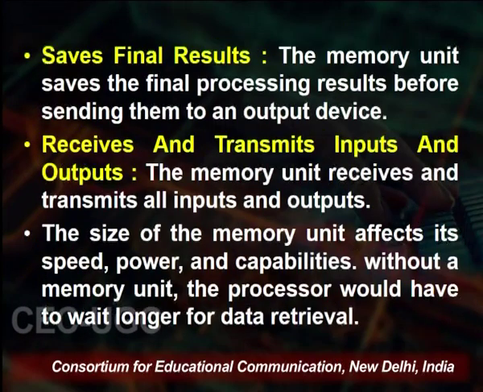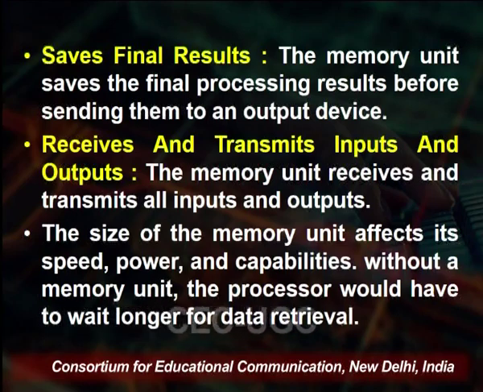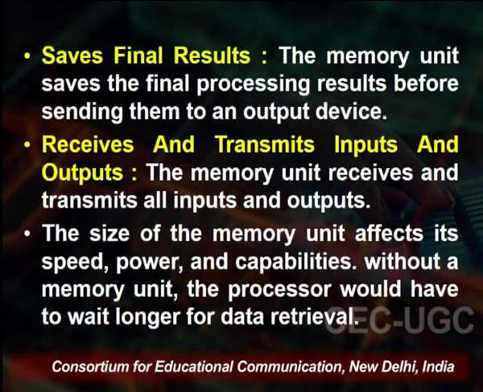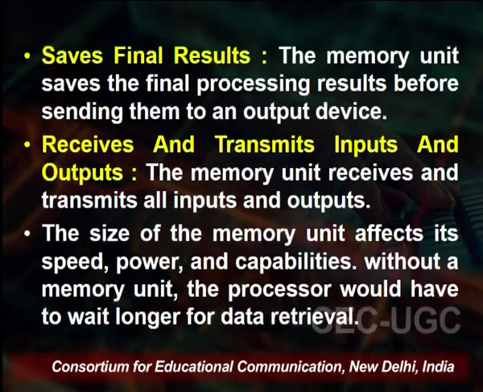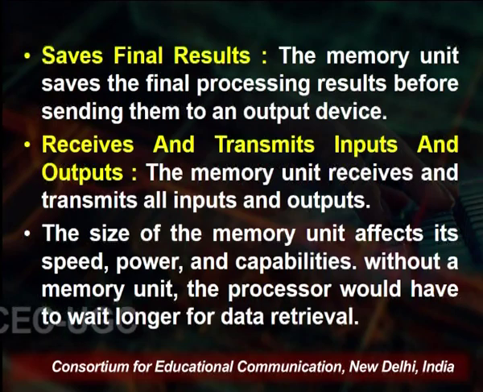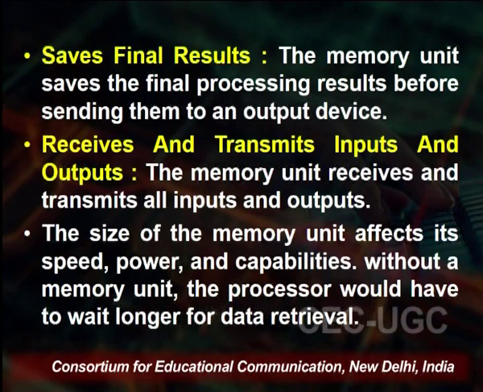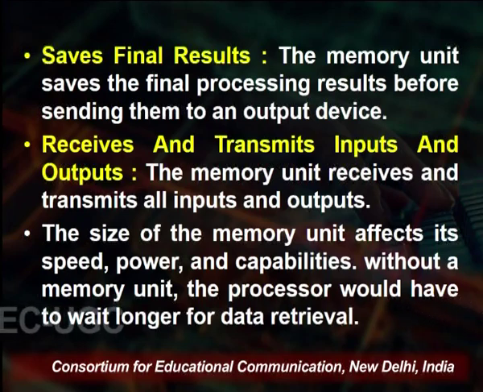When the processing has been done, the memory unit saves the final processing result before sending it to an output device. Last but not least, it receives and transmits the input and output. As data is processed, data is saved, and the memory unit receives and transmits all the inputs and outputs.